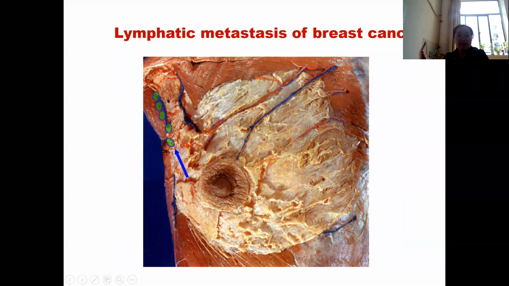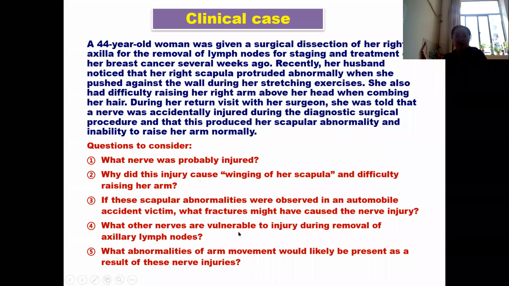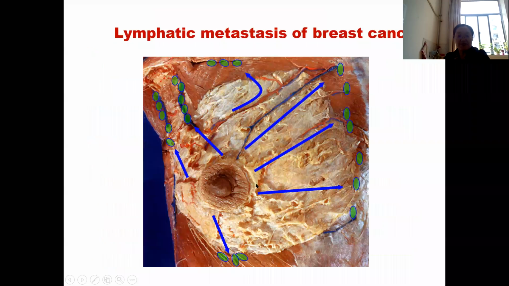So the lateral part goes to the axillary lymph nodes, and some directly to the apical lymph nodes. The medial part can transfer to the parasternal lymph nodes. And the lower part can be transferred to the mediastinal and bronchomediastinal lymph trunk. Okay, here is the clinical case, indicating the axillary lymph nodes, because mammary cancer can transfer through these lymph nodes.